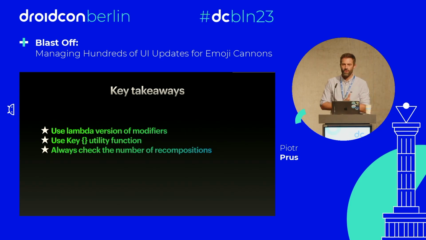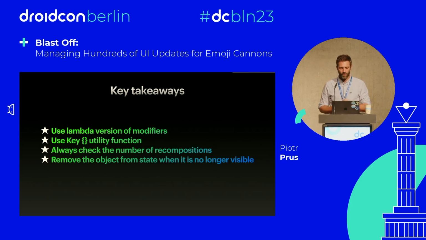Always check your number of recompositions. When we are doing something in a composable, we really do not pay a lot of attention to our recomposition count because everything looks good, right? But then when you have thousands of users and different changes to the screen, you will be surprised how many times these recompositions go nuts.